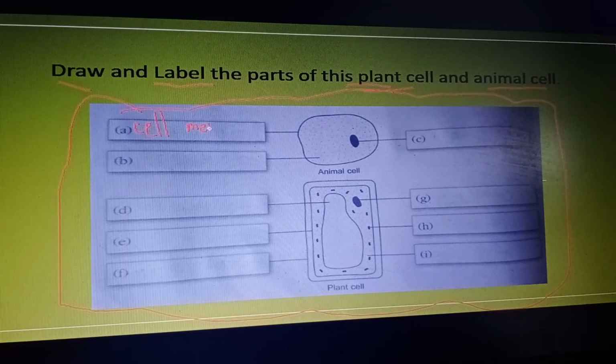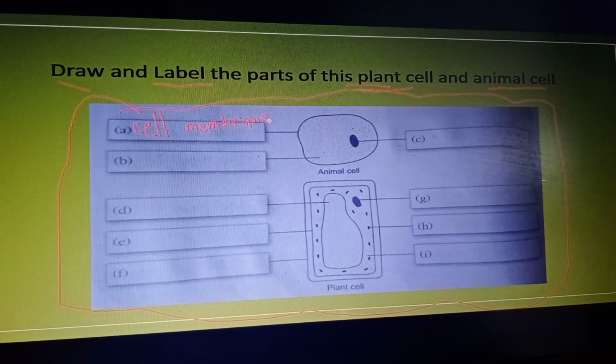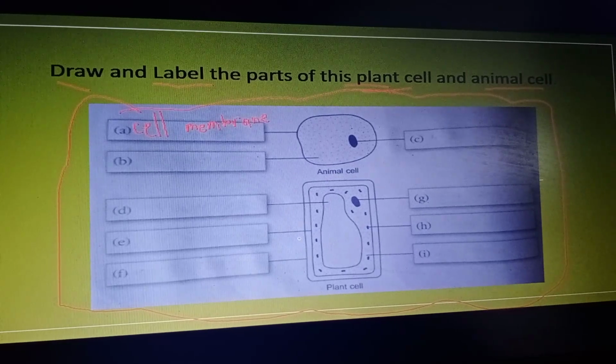This is your cell membrane. Okay, now on the plant cell, you need to identify the parts of the plant cell as well.